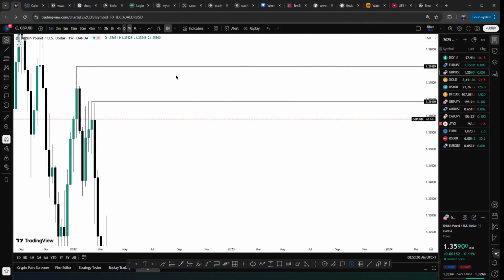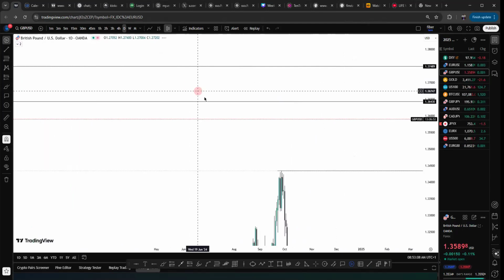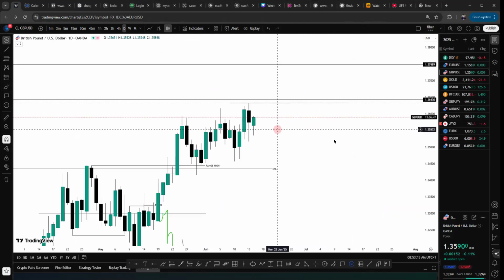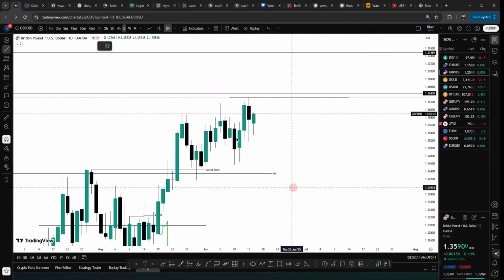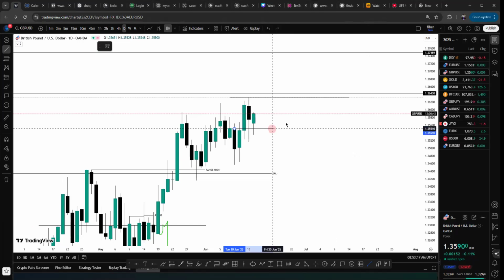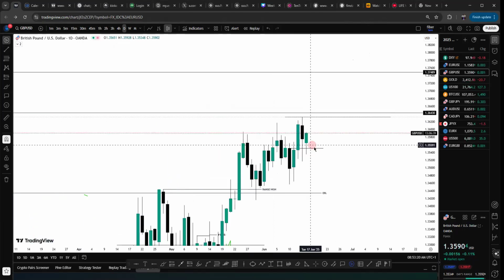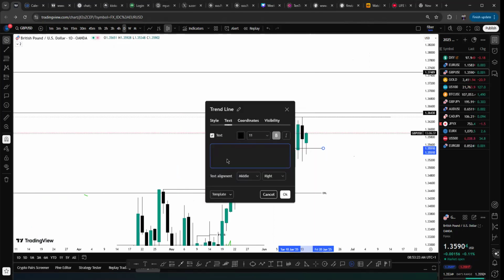Let's go to the daily. On the daily chart, price is already reacting up from this other block. This makes even more sense. We're already having a nice reaction from this other block.